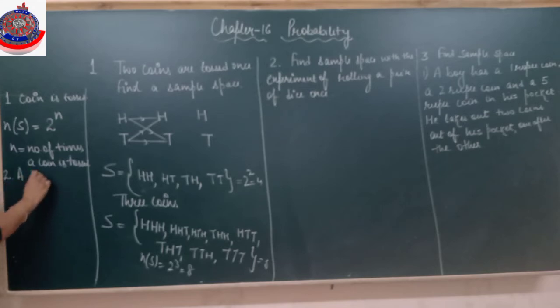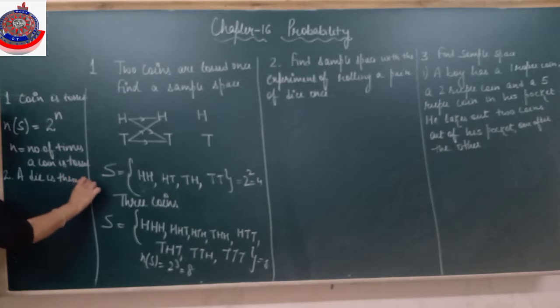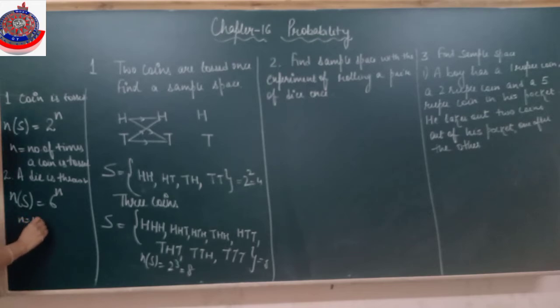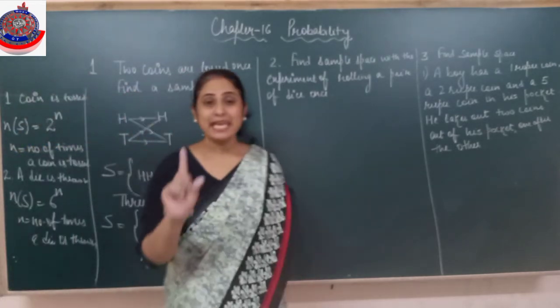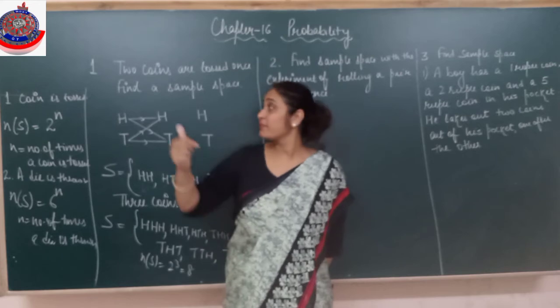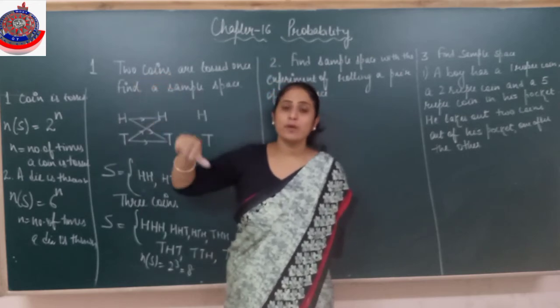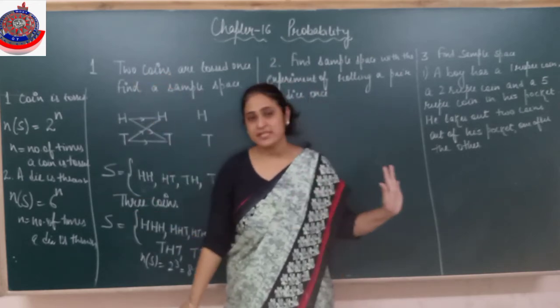If a die is thrown, number of elements in sample space are 6 raised to power n, where n means number of times a die is thrown. अच्छा एक चीज में कंफ्यूज नहीं होना, मैंने थोड़ी देर पहले भी बोला है, एक कॉइन 2 बार फेंकना या 2 कॉइन 1 बार फेंकना. 2 coins are tossed once और 1 coin is tossed twice. That's one and same thing.